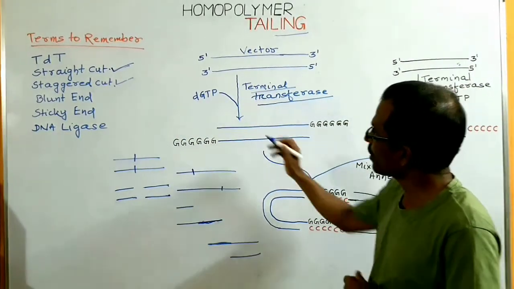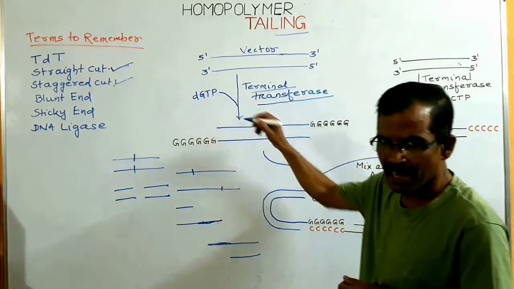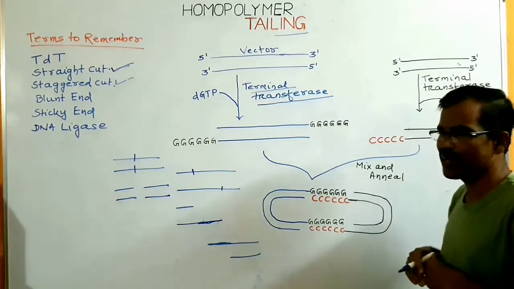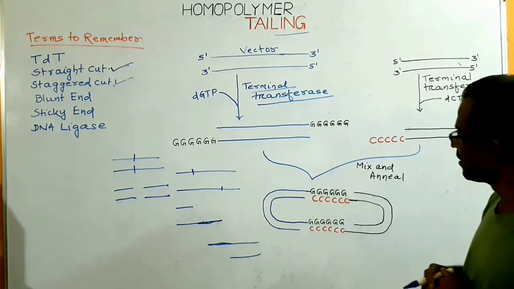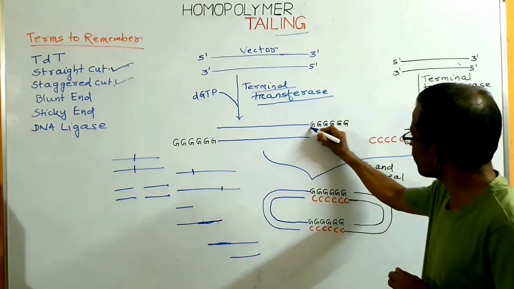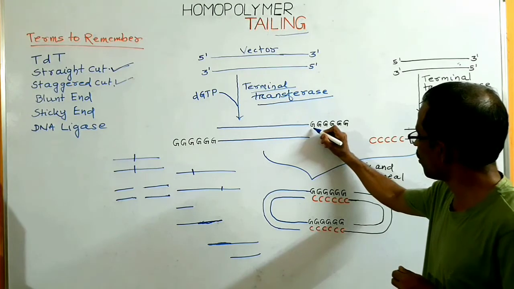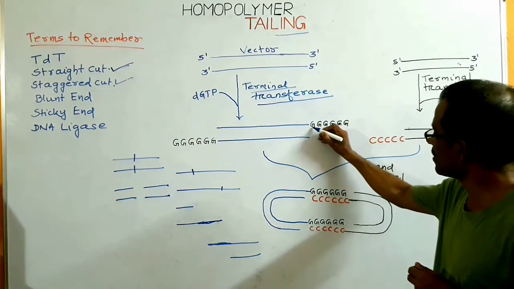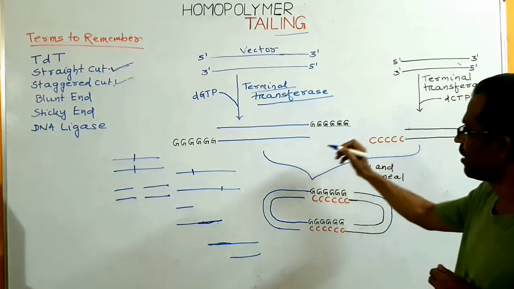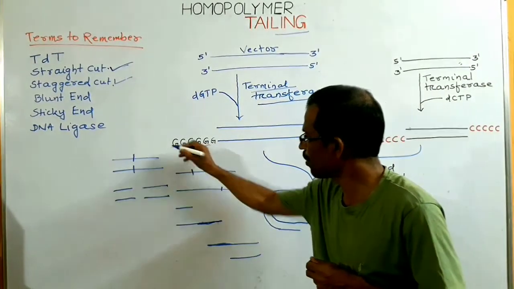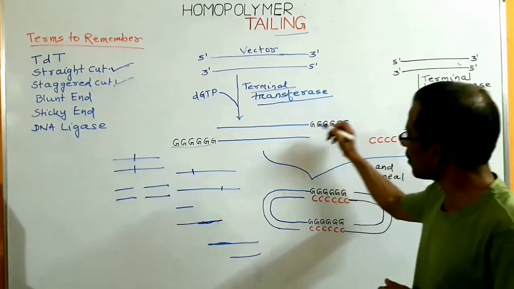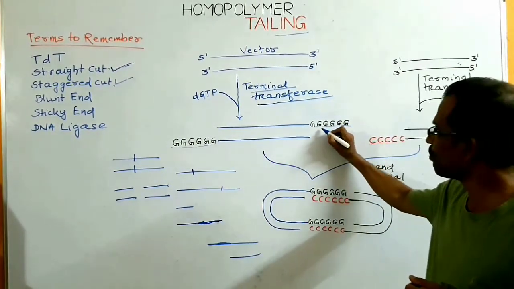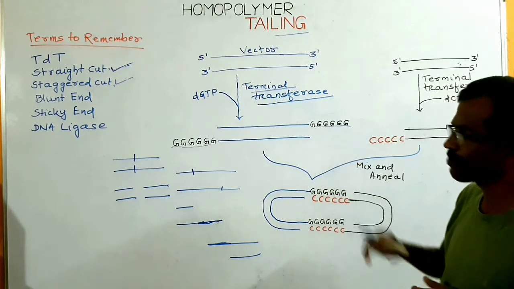By incorporating dGTP in the reaction mixture with the help of terminal transferase, we can add a homopolymer tail that consists of many guanosine monophosphate units. So this is a homopolymer tail and this is a homopolymer tail. Both of these homopolymer tails are composed of repeating guanosine monophosphate.